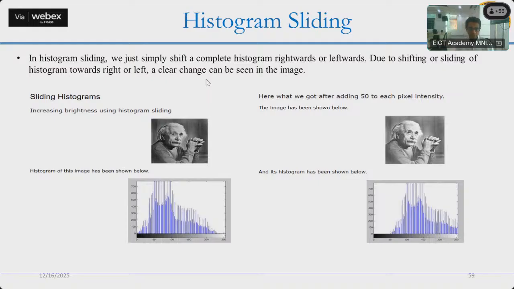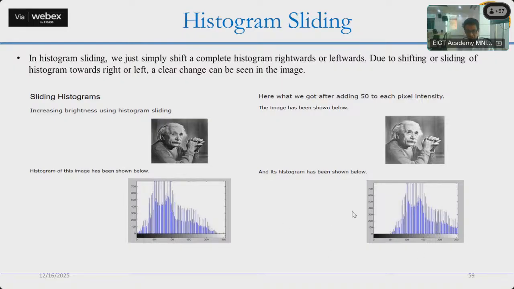Here, when we see sliding histograms, this is one of the images. If we add 50 intensity to each pixel, what would happen? The detail of the picture has not changed, but it has become much brighter.